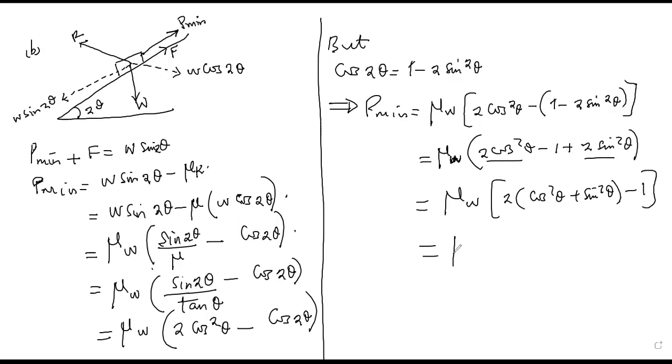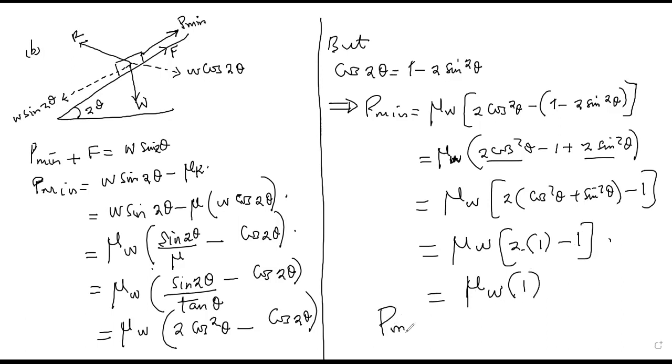This is the same as mu W into 2 into cos squared theta plus sine squared theta, which is 1, minus 1, which is going to be mu W into 2 minus 1, which is 1. And therefore the P minimum is equal to mu W.